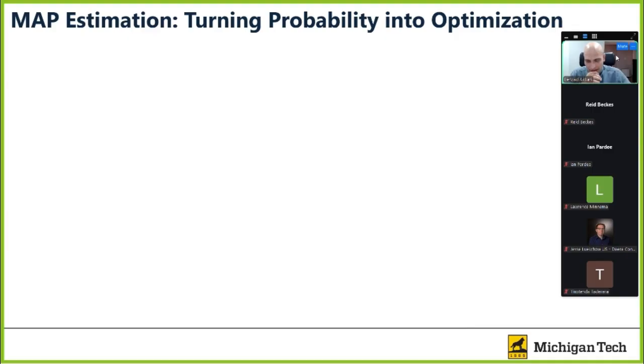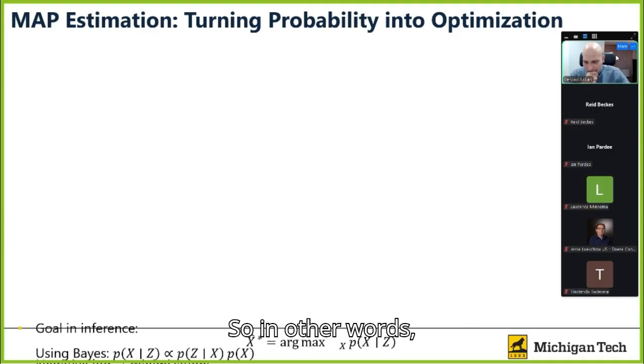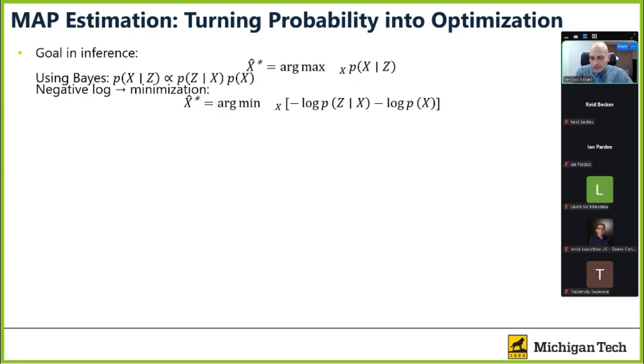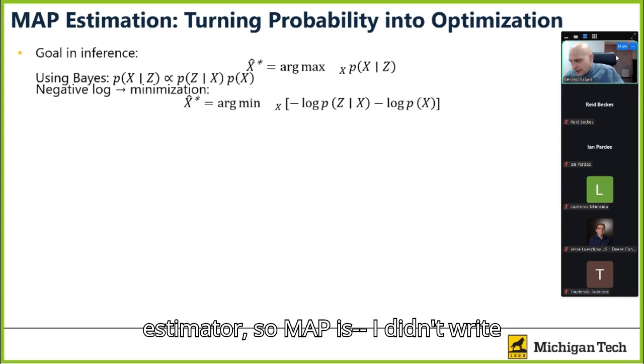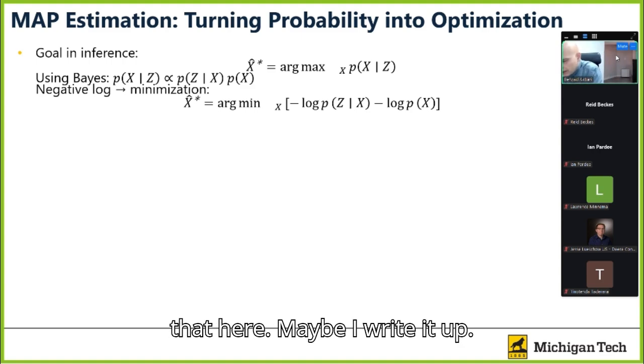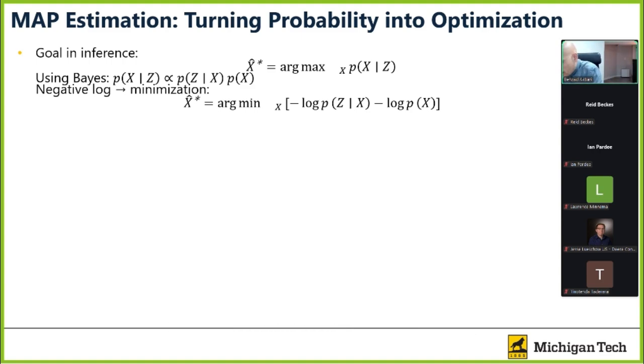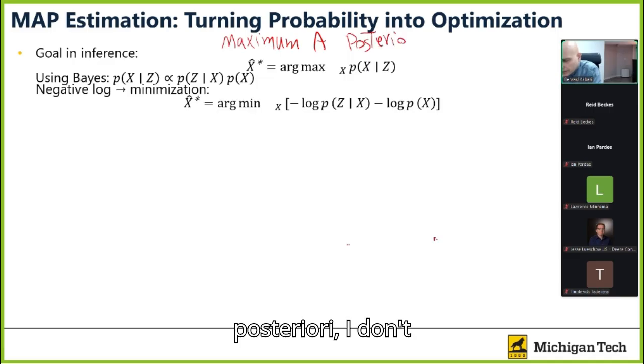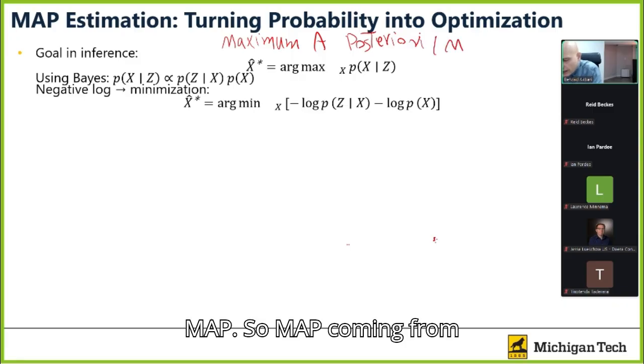So that's amazing. In other words, in the maximum a posteriori estimator, MAP, I didn't write that here, maybe I'll write it up. Maximum a posteriori. I don't know why they call it this, MAP.